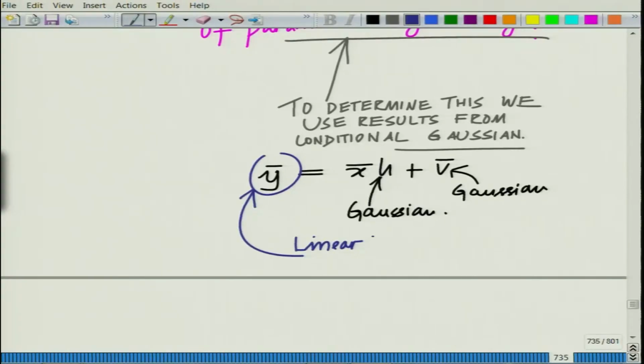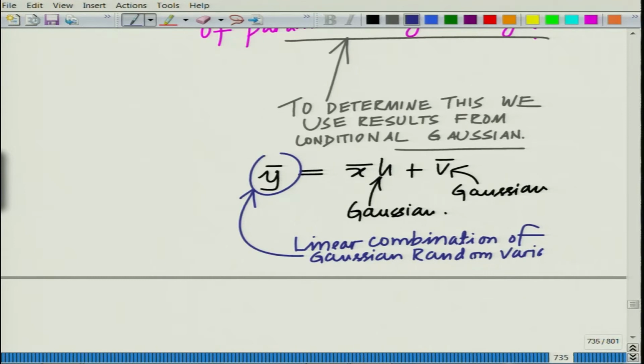So naturally y bar, the observation vector itself, is also Gaussian in nature, because a linear combination of Gaussian random variables is in turn Gaussian.